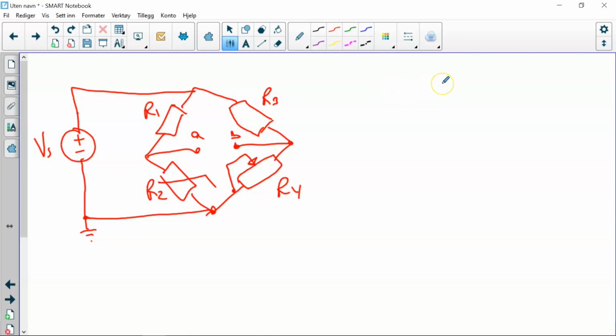Now the variable potentiometer here makes it possible for us to adjust the resistance here to match the one on this side. So if R1 and R3 are equal, we can balance the bridge so that these two are equal.